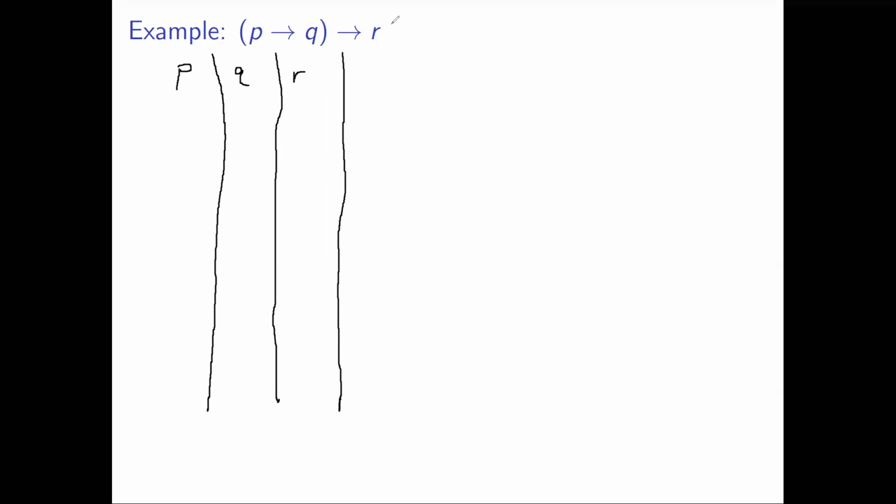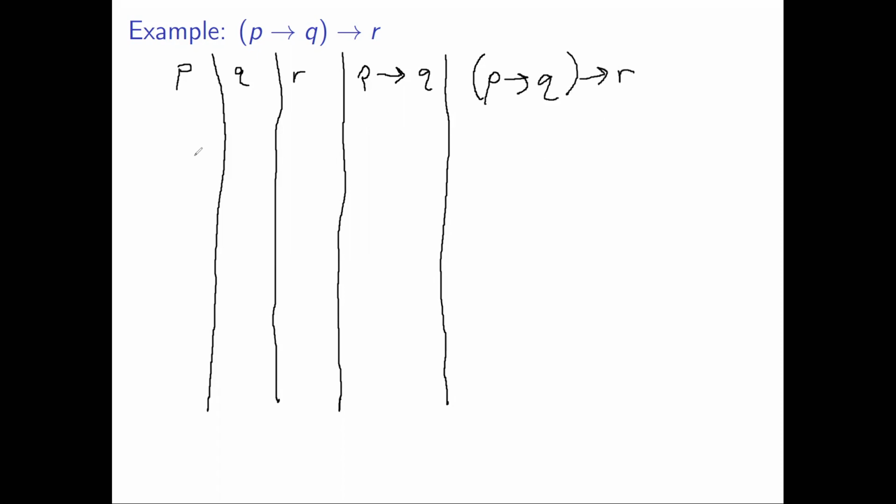So again, we have R, but also P implies Q. We didn't have that one before. And then our final proposition, P implies Q implies R. And now we can fill out the rows.